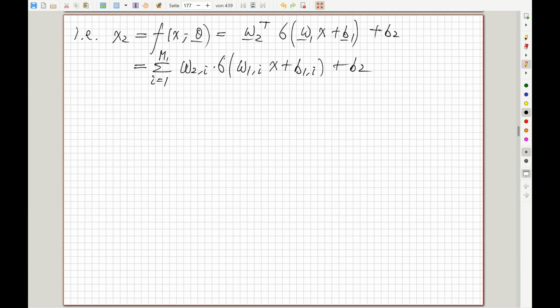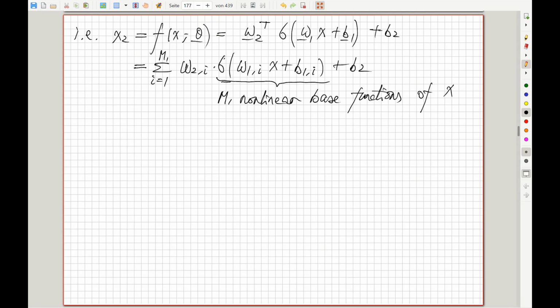But now we take a look at this formula. You see the overall network output can be written as a linear combination of M1 nonlinear base functions of x.